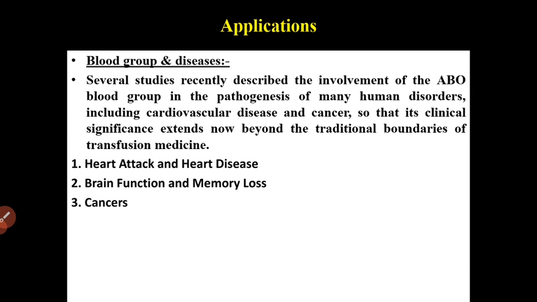We have studied the inheritance of the ABH antigens. If the ABO gene is present, it is involved in our immune system's functioning, some of them causing heart attacks, some causing other diseases, some causing brain function loss, some causing memory loss, some causing different types of cancers.